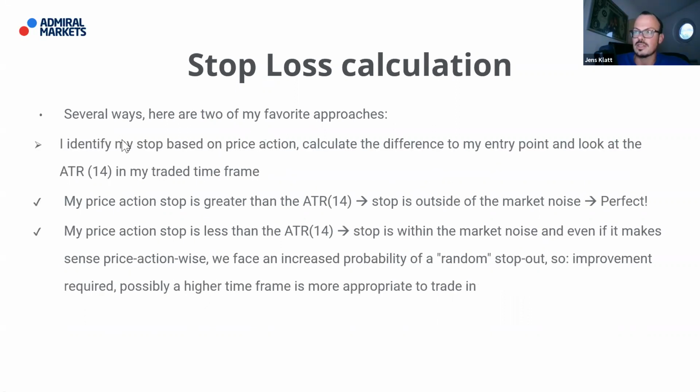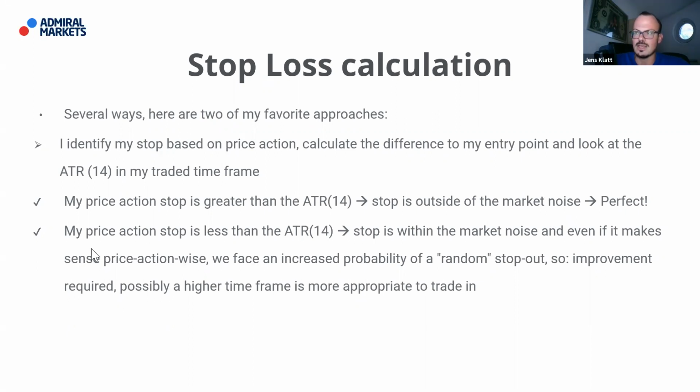And the other stop loss calculation is that, first of all, I identify a stop level based on price action, and then I calculate the difference to my entry point, look at the ATR of my traded time frame, and then I say if the ATR in this case is less than the price action stop, or put differently, the price action stop is greater than the ATR 14, then the stop is outside of the market noise and it's completely perfect. And I don't need to be much worried about being stopped out through market noise, let's say.